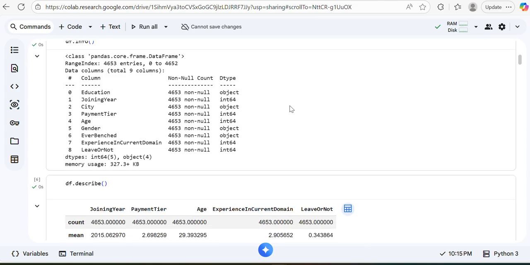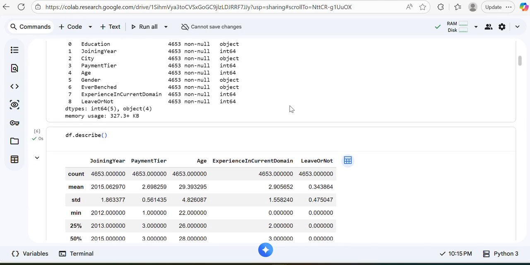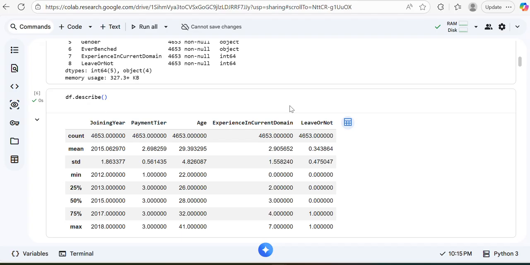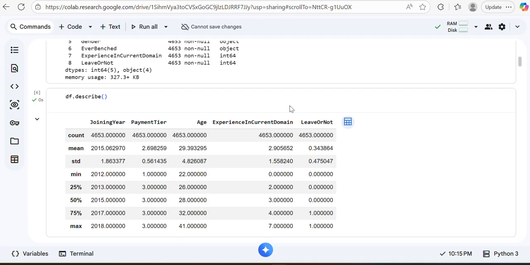Next I checked for duplicate records and found 1,889 duplicate rows. Since duplicate records can bias statistical analysis, I removed them, reducing the data set to 2,764 unique observations.